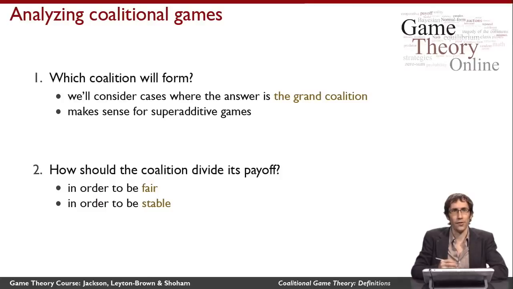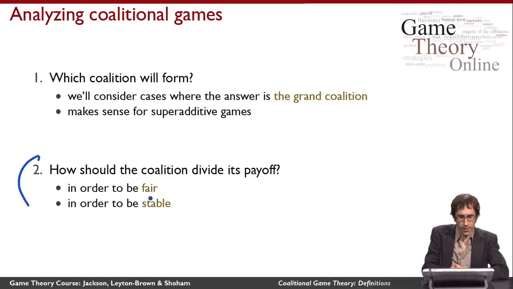So in answer to the first of the questions that I talked about before, we're going to tend to assume that the grand coalition forms, and we're going to focus on this second question of how the coalition ought to divide its payoff. Now, it's reasonable to wonder what I mean when I say how it ought to divide its payoff. That kind of depends on what the coalition is trying to achieve. And we're going to consider two different ways of answering that question.